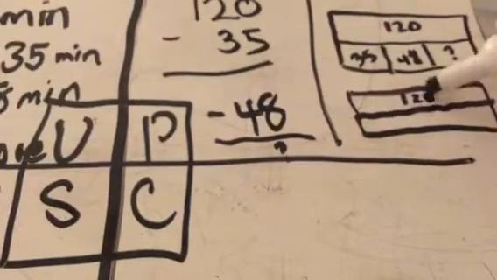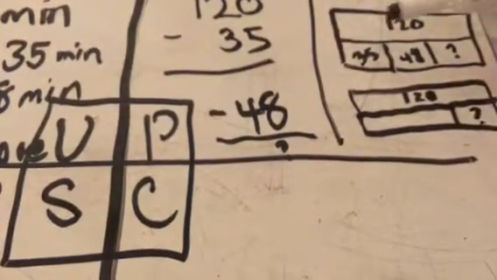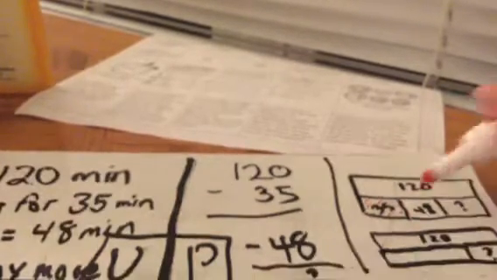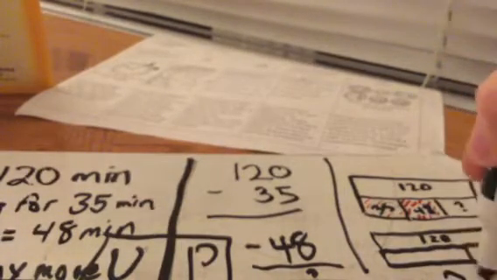We know that this is 120. We know there's a question mark, but if I put the 35 and the 48 together, how much time is this whole chunk? Like the whole red piece, all of the time that she's already spent. So if I know how much time she's already spent, then I can figure out what's left. That would mean I'm gonna add 35 plus 48, and then subtract my answer from 120.